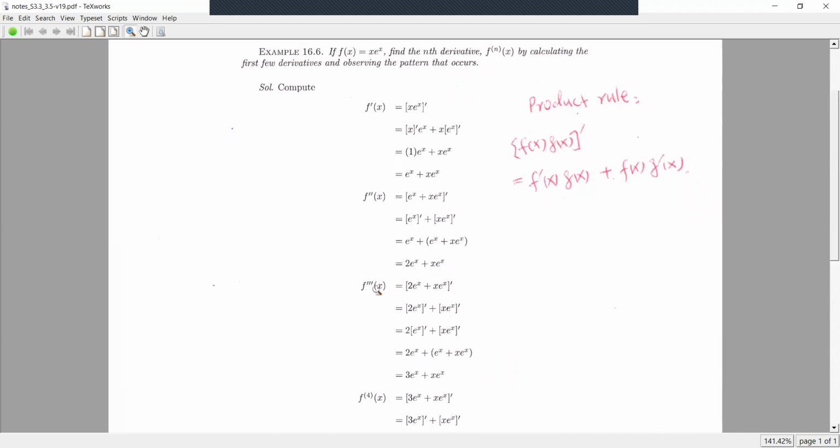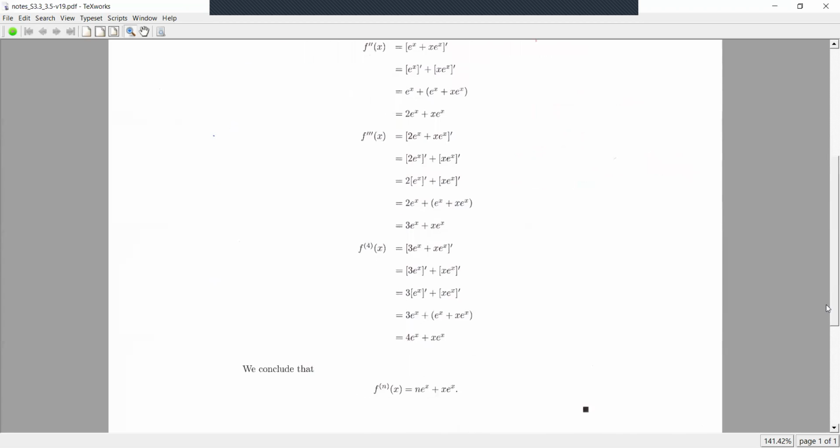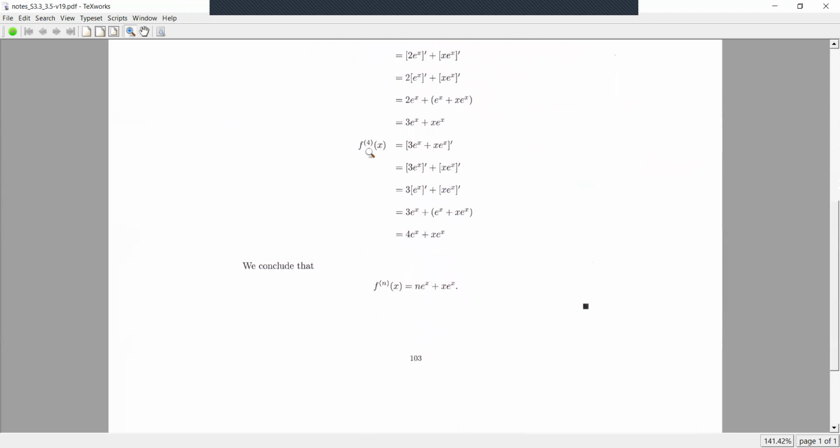The third derivative is 3e^x plus xe^x. The fourth derivative is 4e^x plus xe^x. So we conclude that the nth derivative is ne^x plus xe^x.